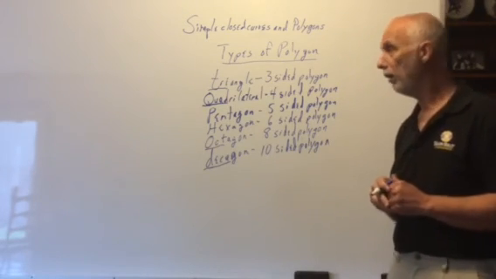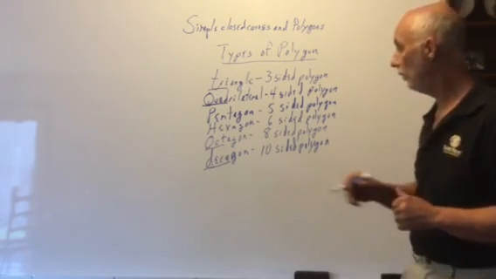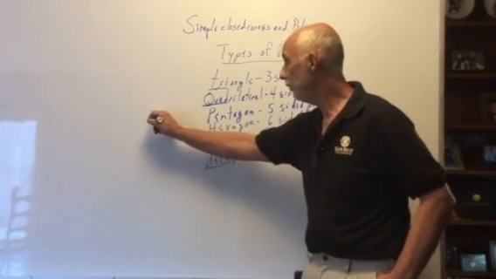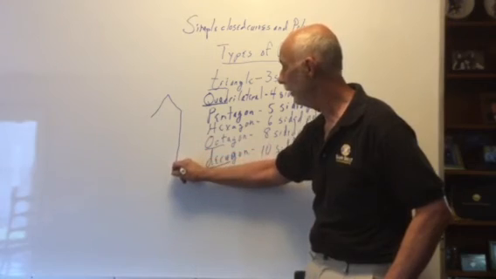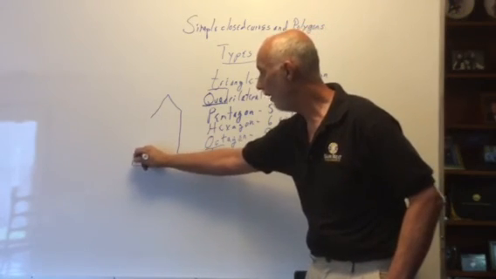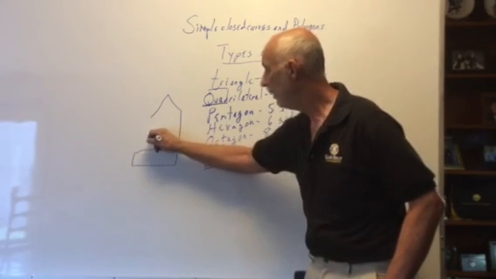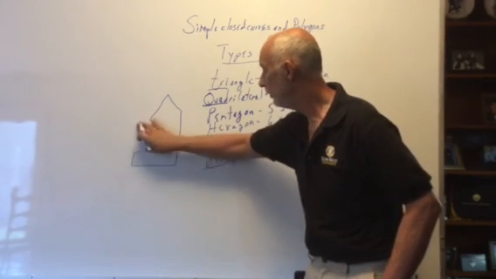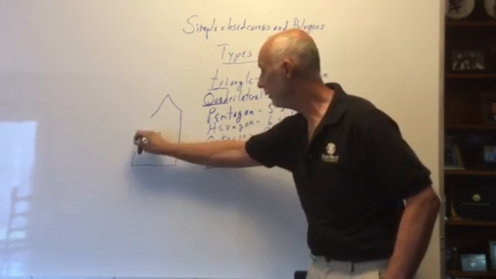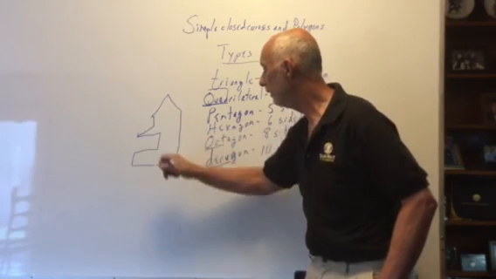By the way, it's very hard for me to draw a decagon. About the best I can do is something that looks like this. 1, 2, 3, 4, 5, 6, 7, 8, 9. Whoops. Try this, I guess. 9, 10.